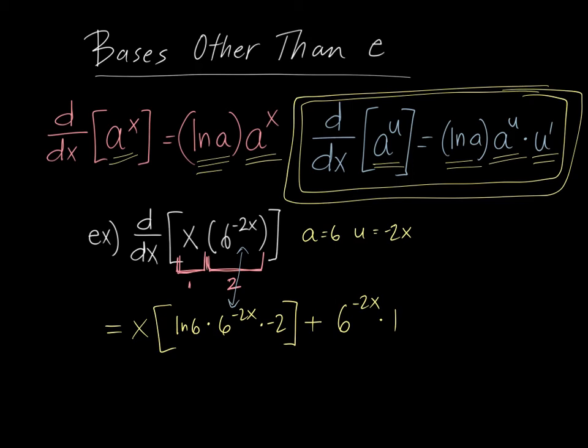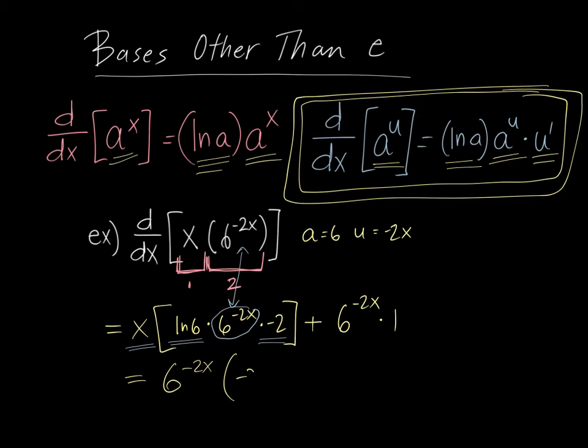And there are some things I can do to simplify this. I can factor out the 6 to the negative 2x that they have in common. An answer in the back of a textbook would probably do that, so let's just do that to see what it would look like. 6 to the negative 2x they have in common. Now if I factor that out of this first term, I'm left with an x, a log 6, and a negative 2.